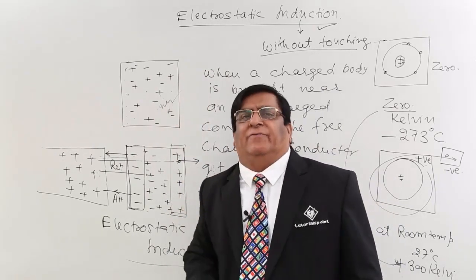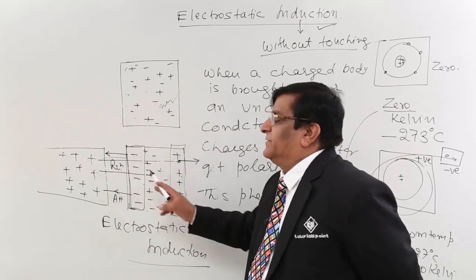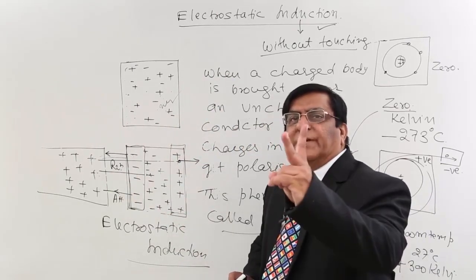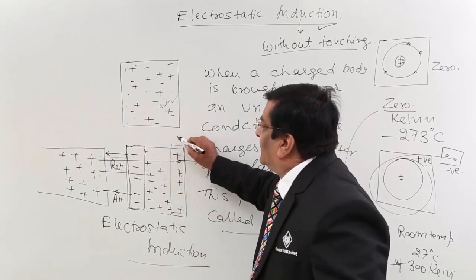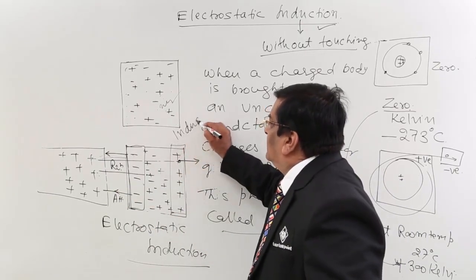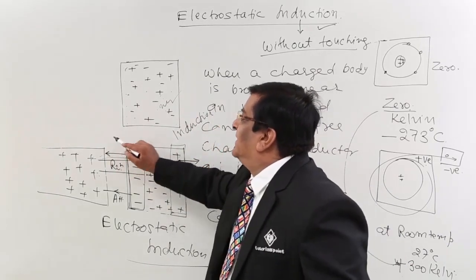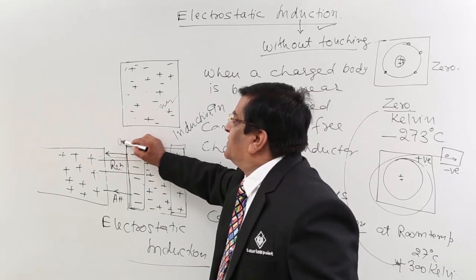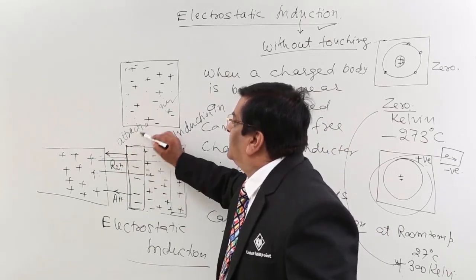So in our general language, we remember, in a neutral body, when we bring a charged body to it, two things happen simultaneously. Number one, this is what? Induction. And just after induction, we say there is an attraction, because this force is stronger.